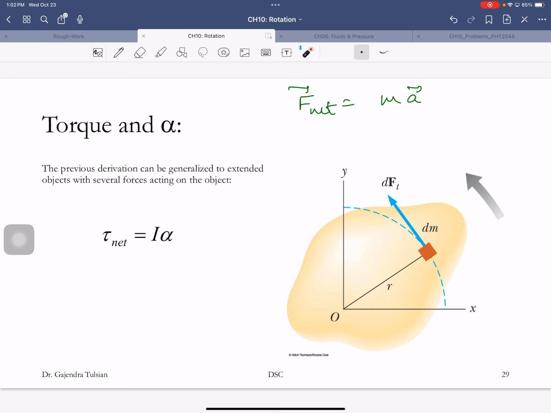So the net torque just means if there are several torques acting, you just add up all the torques. And again, this formula I'm just writing down. In general, these would be vectors, but about a fixed axis, these are either positive or negative numbers because the torque is pointing along the axis either one way or another. So you're just adding a bunch of numbers.